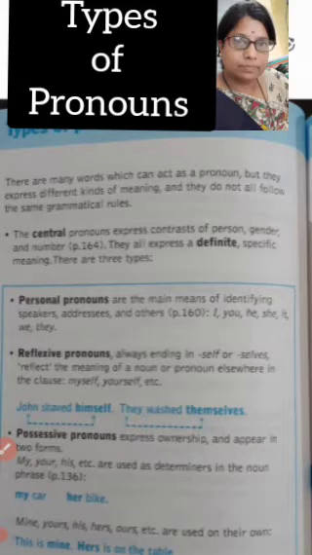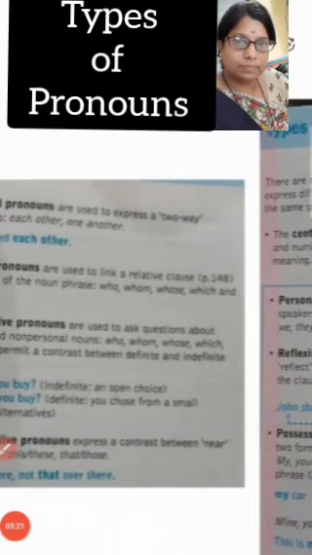For example, my car, her bike, etc. Then when they are used independently on their own, they have another form: mine, yours, his, hers, ours, etc. But they are the same, that is possessive pronouns. So these are the main three types: personal pronouns, reflexive pronouns, and the possessive pronouns.